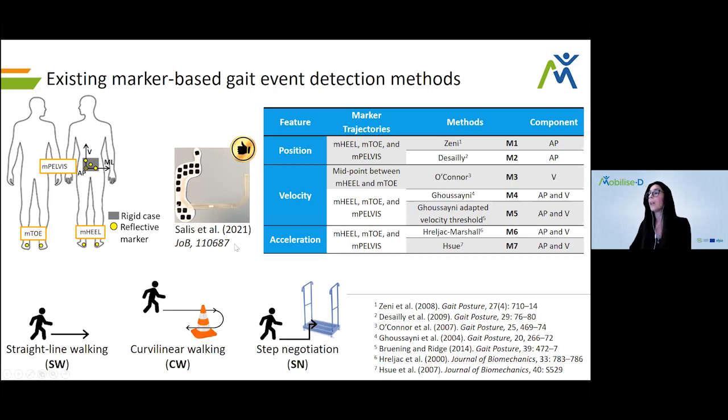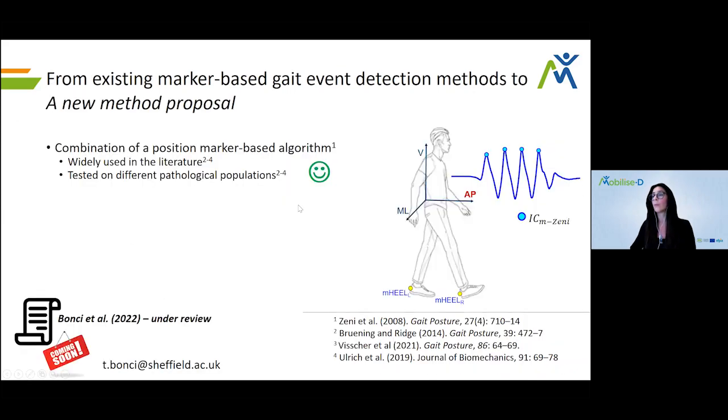And what we have observed is that all of these methodologies were either anticipating events, delaying them, or introducing extra events or missing some of them. So based on this observation, we have proposed a new methodology that combines an algorithm that has already been described in the literature, but has some limitations like anticipating or delaying the relevant gait events.